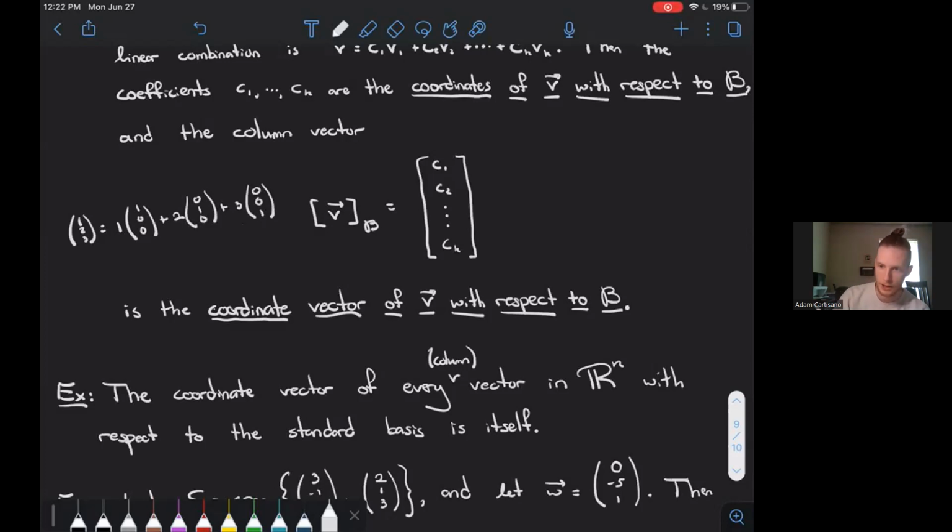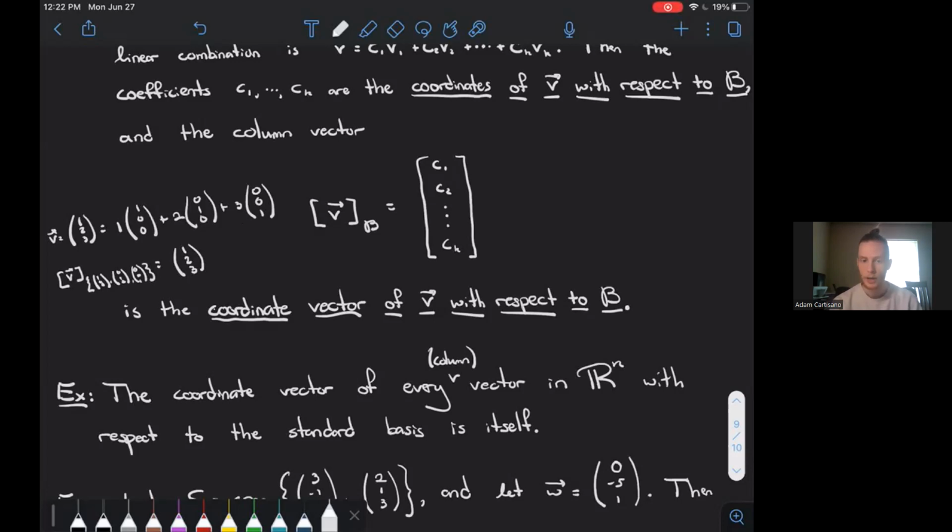And if we were to write them as a column vector, then V with respect to the standard basis 1, 0, 0, 0, 1, 0, 0, 0, 1 is the thing itself. That's why we call it the standard basis. It's the one basis where the coordinates of the vector are the same as the entries of the vector.